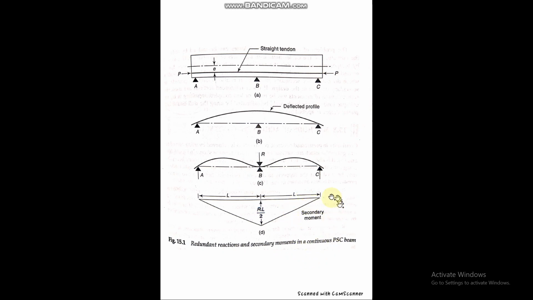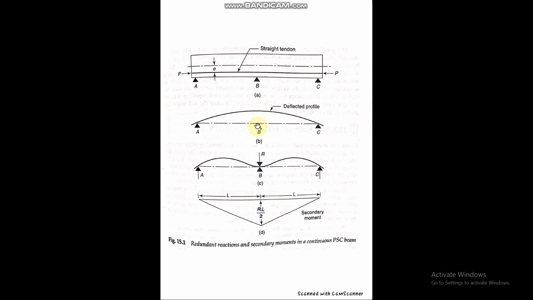This secondary moment is created due to this support only. Say the support has a reaction R to keep this beam down to its level. If the length is L from here and L from here, the total length of the beam would be 2L.